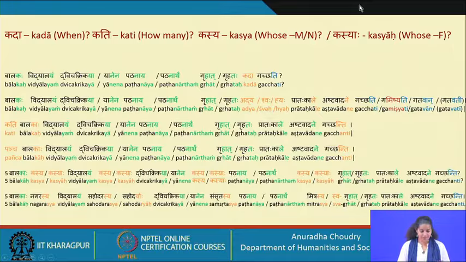And the next one, the last question with the kasya or kasyaha, as you can see, it gets added with every one of the nouns. So pancha balakaha kasya or kasyaha vidyalayam, kasya or kasyaha dvichakrikaya or yanena, kasya or kasyaha pathanaya pathanartham, kasya or kasyaha grihat or grihataha pratah kale ashtavadane gachanti.